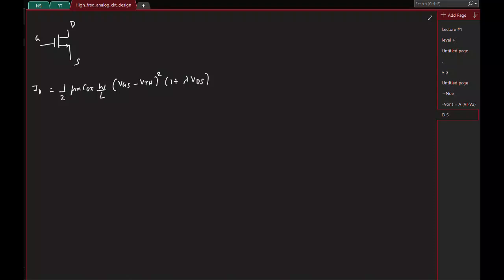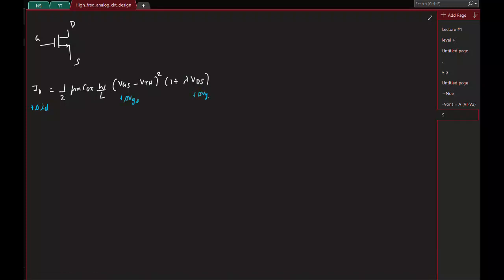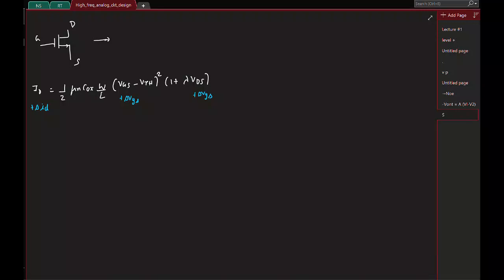Now although this relation is quite non-linear, if you are only interested in how the current changes in response to small changes in the terminal voltages, how does it behave for small changes? If I change the gate to source voltage by a small delta V, what is the change in the current?